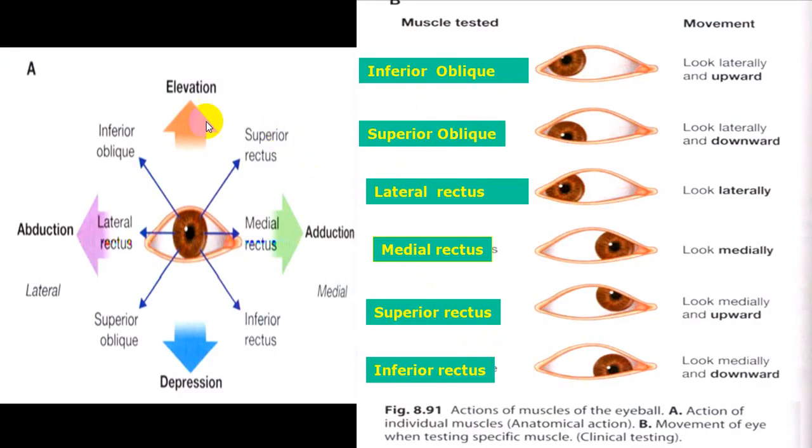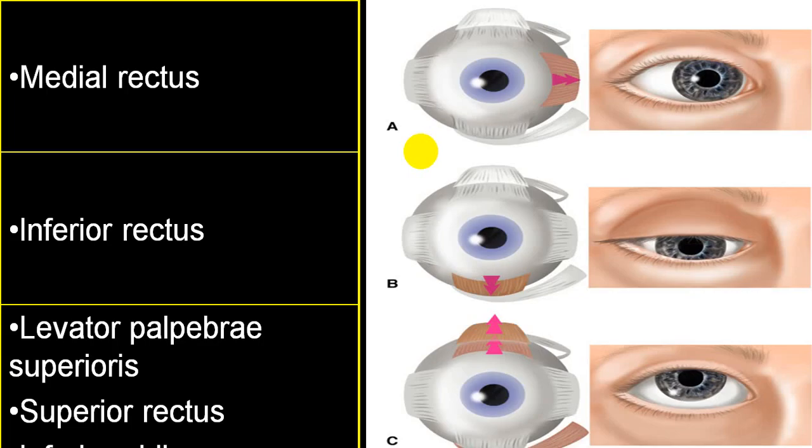So you look in all the different directions: elevation, depression, adduction, abduction, and obliques, or what we call angles. We have already discussed all the different actions, and you will be looking at which action is being affected.